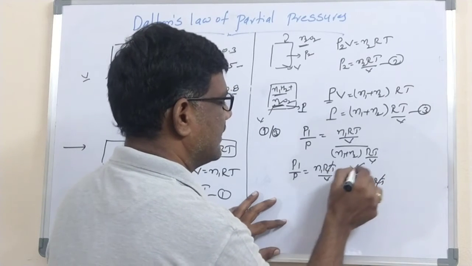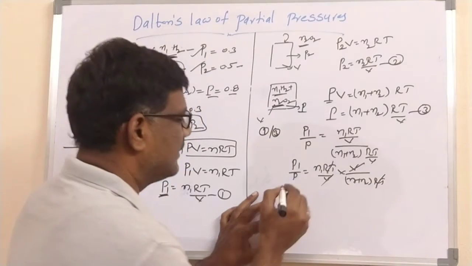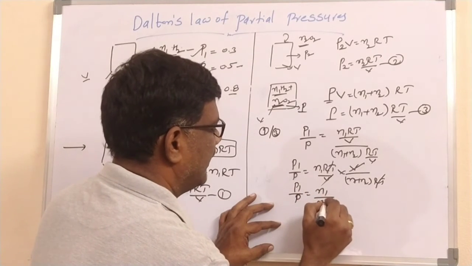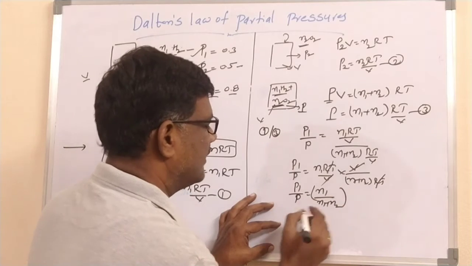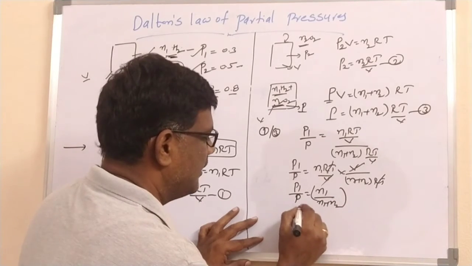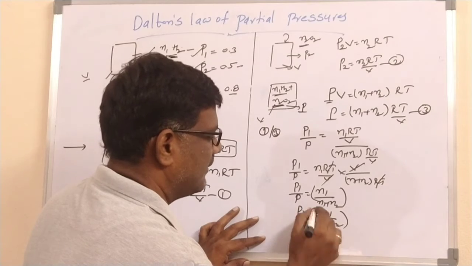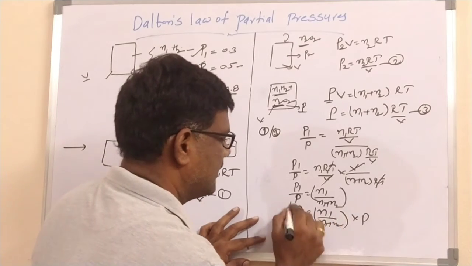So RT gets cancelled, V gets cancelled. Ultimately you will get P1 by P is equal to N1 by N1 plus N2. Now send the P to the other side. Ultimately P1 is equal to N1 by N1 plus N2 into the total pressure.